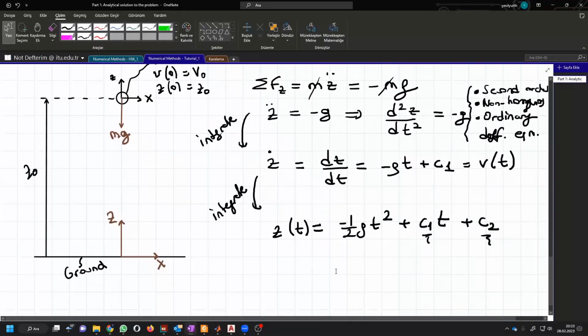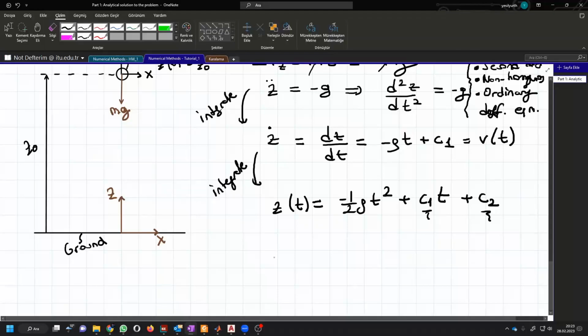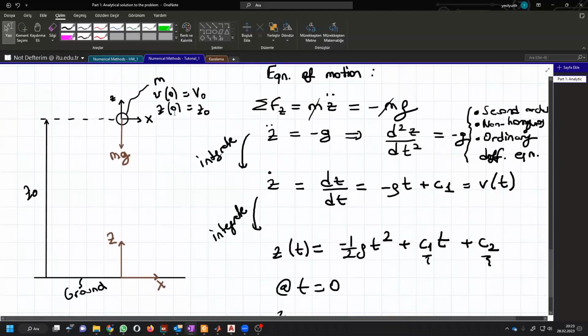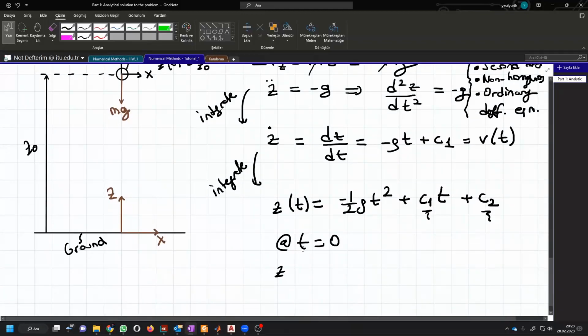So I can continue on the solution. At t equals 0, which means at initial conditions, my problem says that z at 0 will be equal to z0. So if I put t equals 0 in those equations, z0 will be 0 plus c2, equal to z0.